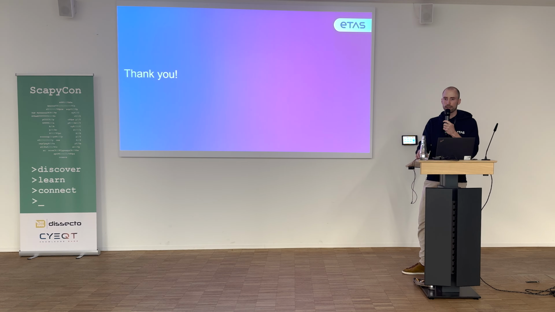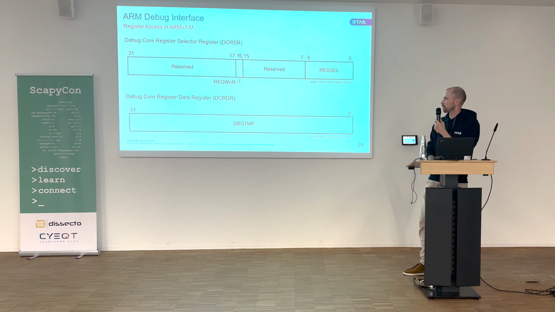But if it's an ARM device, you can also define what they call a debug access port, and then you can ask it, hey, this access port, what is it? So let me go back.